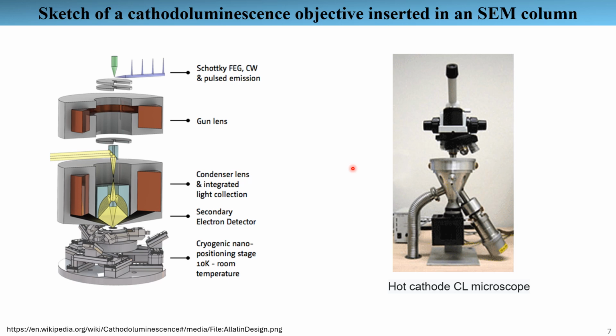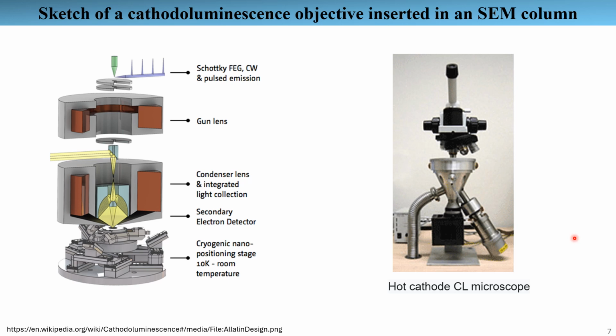And this figure on the right side shows two types of CL microscope in use. One works with a cold cathode, generating an electron beam by a corona discharge tube, and the other produces a beam using a hot cathode.